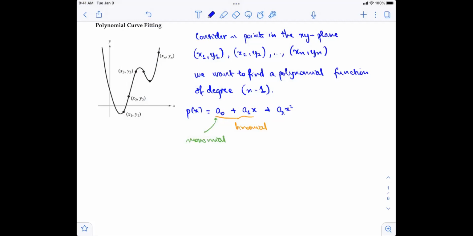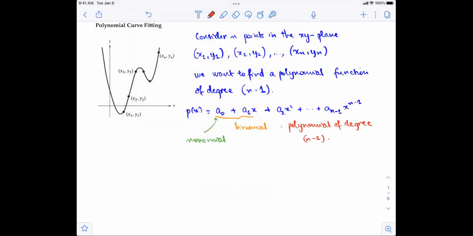In addition to that, you can add more terms. And in this case, you're going to do this up to a sub n minus 1 times x to the power n minus 1. So this is a polynomial of degree n minus 1.